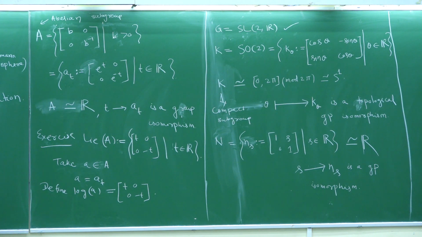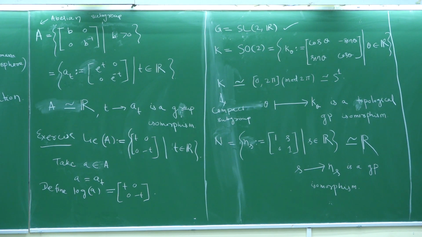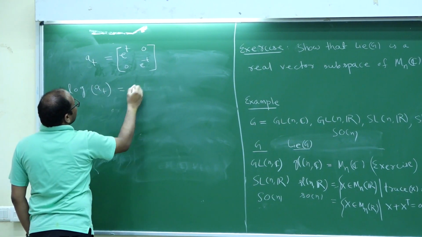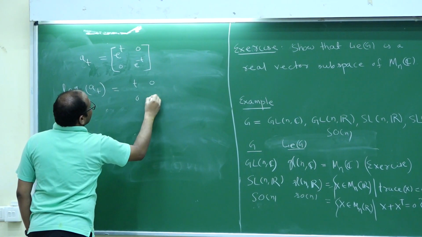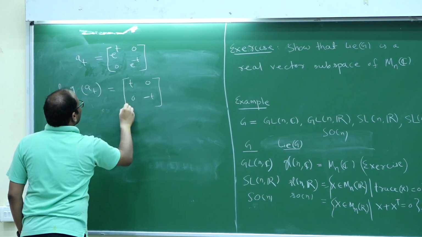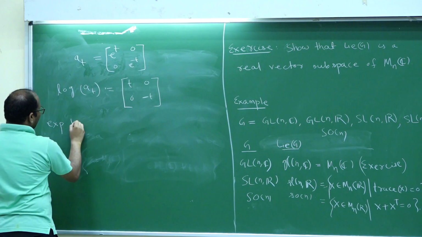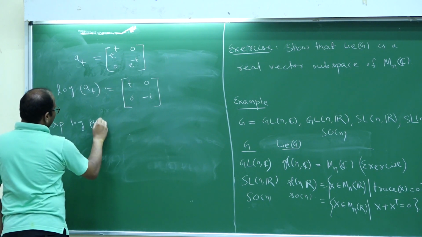So what I am saying, this a_t is really e to the power of the matrix t, 0, 0, minus t. So I define this log of a_t as this matrix t, 0, 0, minus t. If you look at the exponential of log of a_t, then that is a_t.